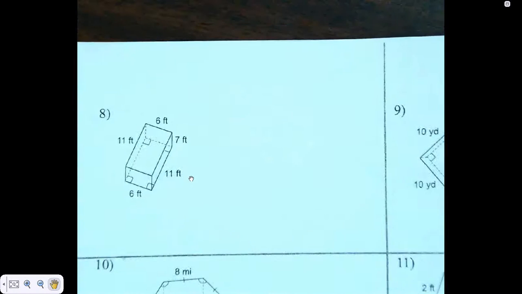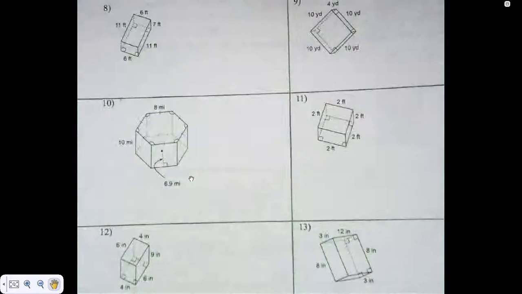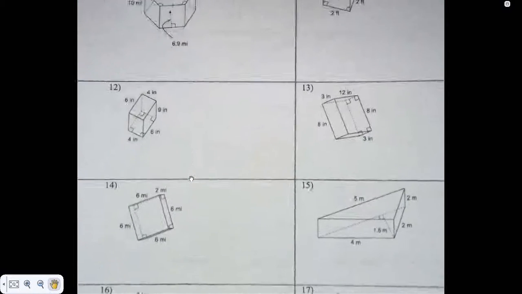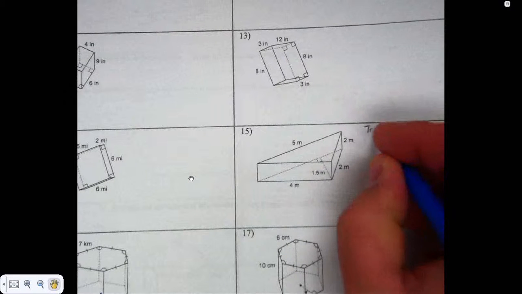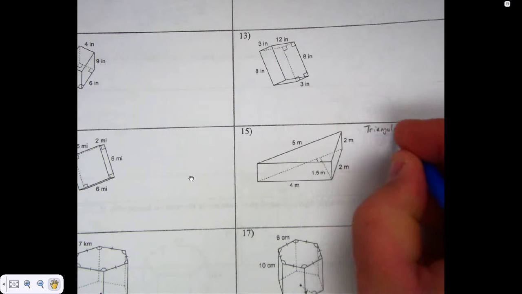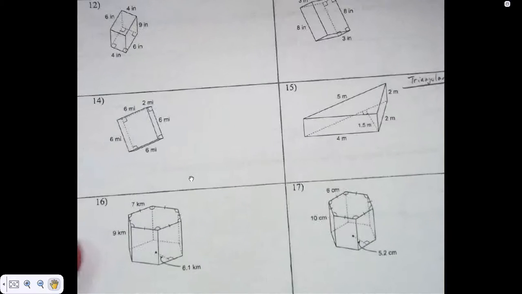So we're still on prisms. Next page. Zooming out. Do we have prisms still? Looks that way. Here's our first triangular prism. More prisms.